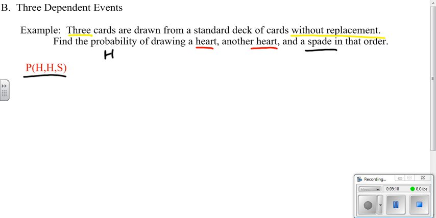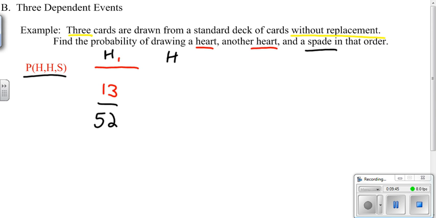So we'll say H sub 1. There are 13 hearts in a standard deck. Ace, 2, 3, 4, 5, 6, 7, 8, 9, 10, Jack, Queen, King. So 13 in total. And we start with a total of 52 cards. So 13 out of 52 will be hearts. So that is our probability of drawing our first one as a heart.